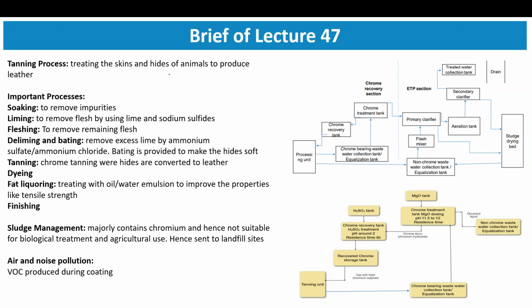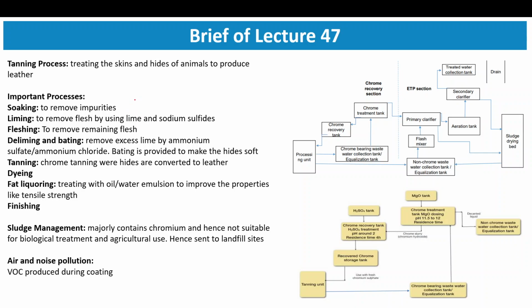The animals can vary, and obviously you recover the skins and hides of animals first. Now this skin and hide will have flesh of the animal, it will have blood, and it can have other impurities. So firstly, to remove all those impurities, you soak the skin and hide.